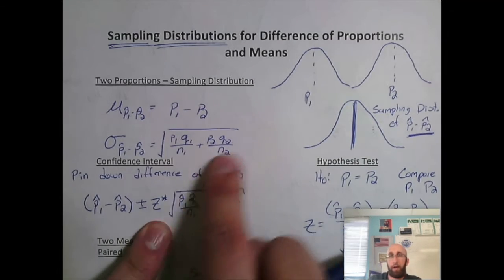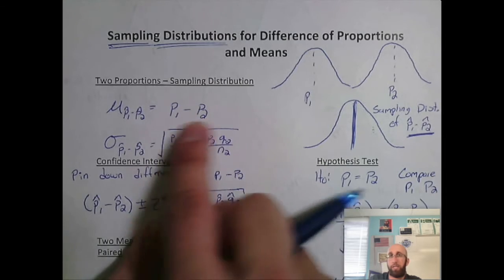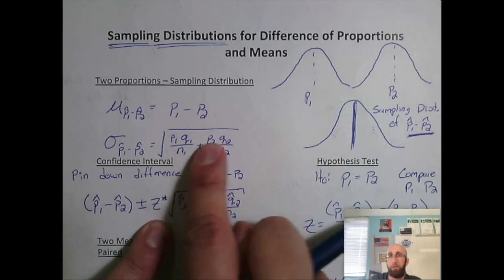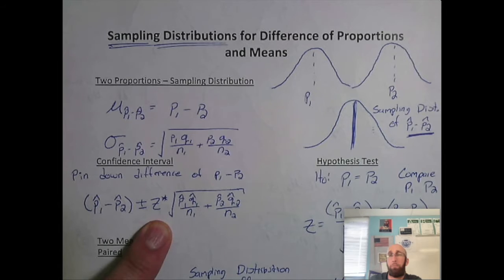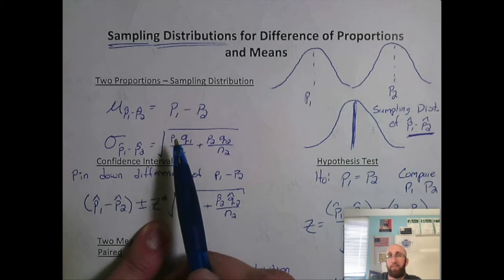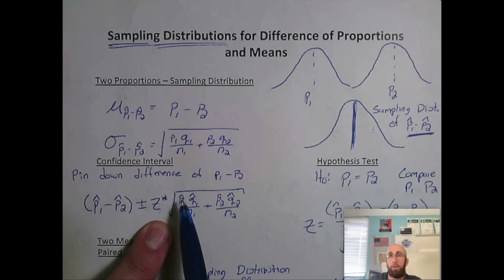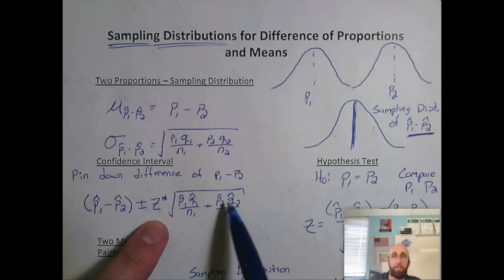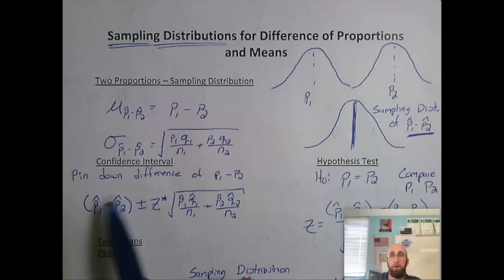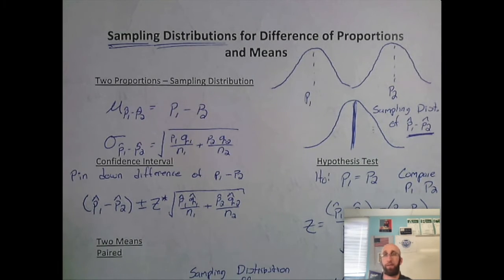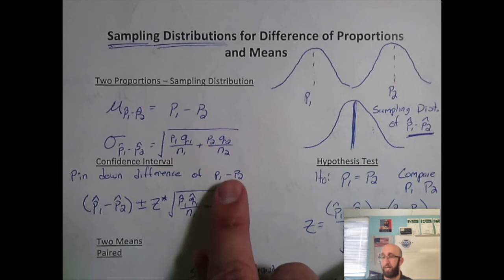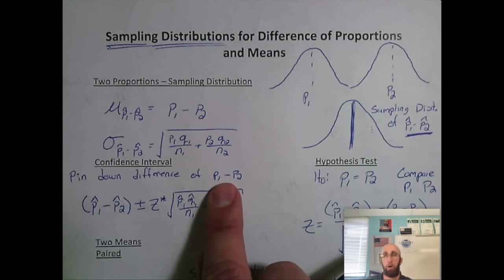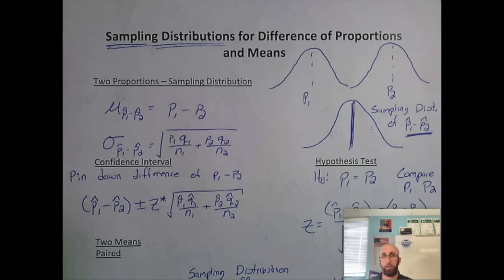For the standard error, we use the same standard deviation as the sampling distribution, but since we don't know P1 and P2, we use the next best thing. Instead of P1 Q1, we use p hat 1 q hat 1 over N1, and instead of P2 Q2, we use p hat 2 q hat 2 over N2. That gives us a confidence interval, so we can get a solid idea of just how far apart my two population proportions are.